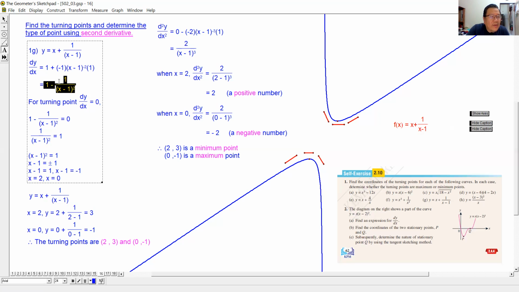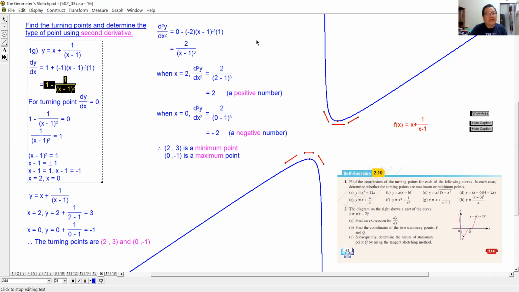Now this thing, when you differentiate, the negative sign is still here. Then this one is negative 2, so I bring down negative 2. Negative 2 minus 1 becomes negative 3. Then differentiate inside is 1. So negative negative becomes positive 2. And this thing I bring to the bottom, x minus 1 cube.